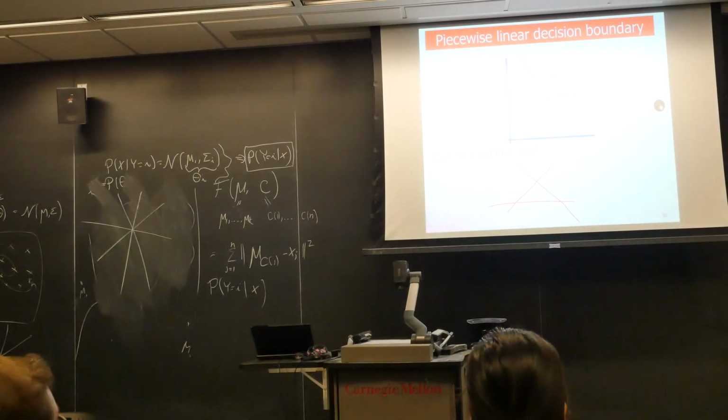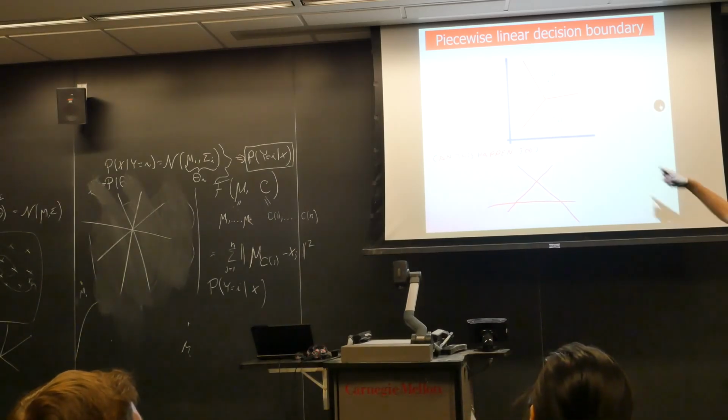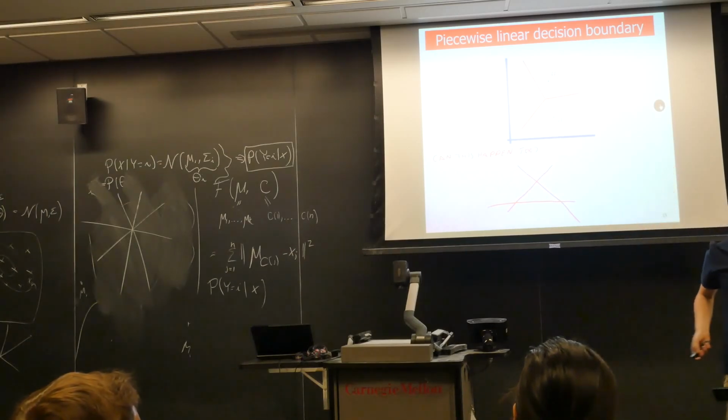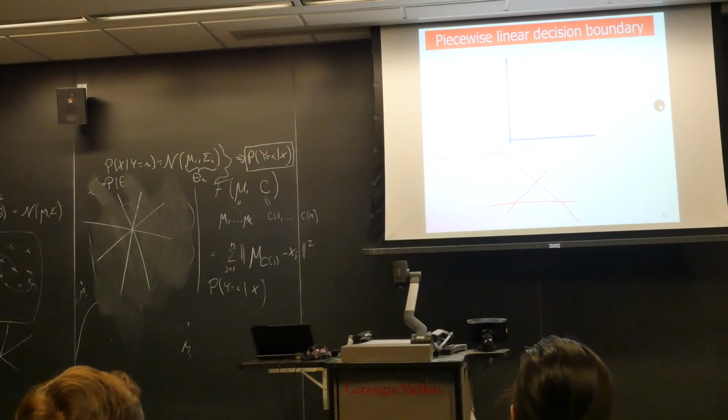Or if I have 5 clusters, will they look like this? Does my question make sense? So for 3 points, we saw that these decision boundaries go through one point. Now I can ask, what if I have 4 cluster centers, will the decision boundaries between these 4 always go through one point or not?